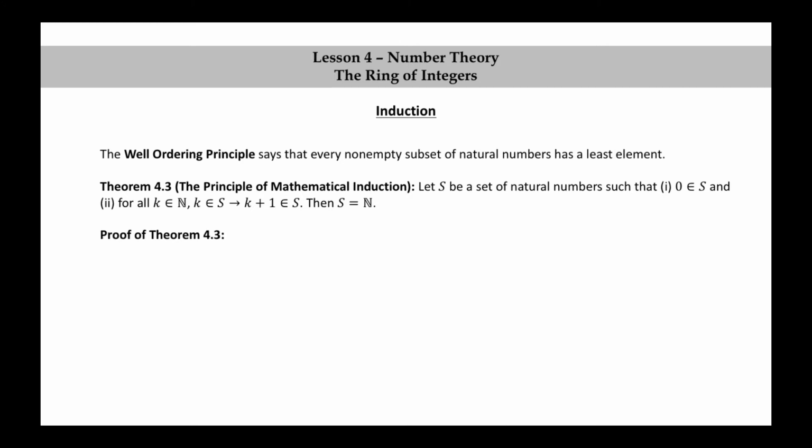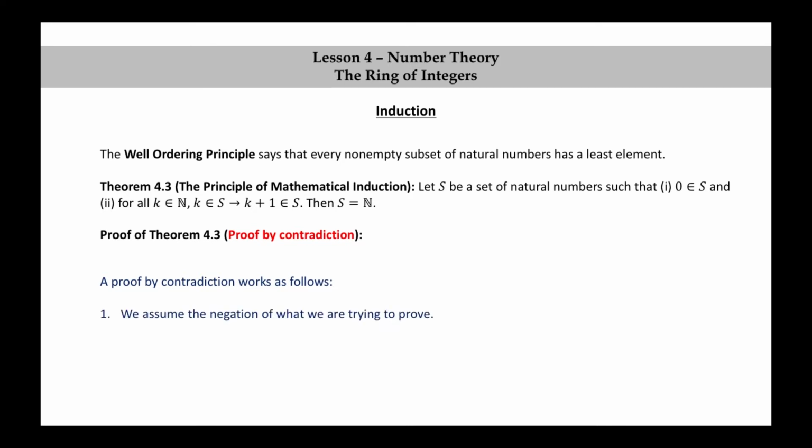Okay, let's do a rigorous proof now of this theorem. We're going to prove the principle of mathematical induction by contradiction using the well-ordering principle. So before we write out the proof, let's just go over how a proof by contradiction actually works. First, we assume the negation of what we are trying to prove.